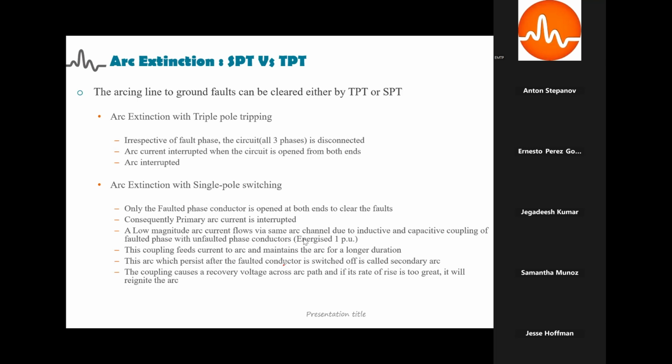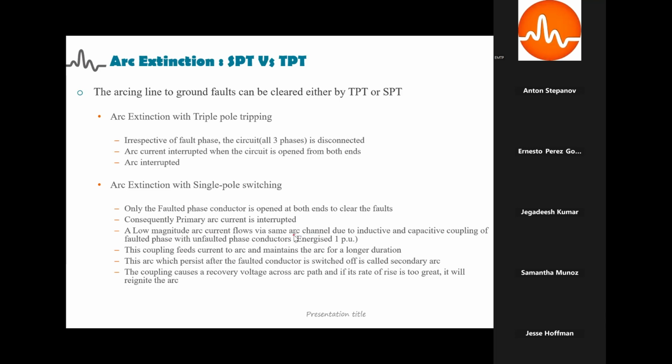The arc current is interrupted by the circuit breakers at both ends, so the arc is interrupted and the fault is isolated. Whereas in single pole tripping, only the faulted phase is tripped and opened, while the other two phases are still energized. In this case, even after opening of the faulted phase, the arc current continues to flow.